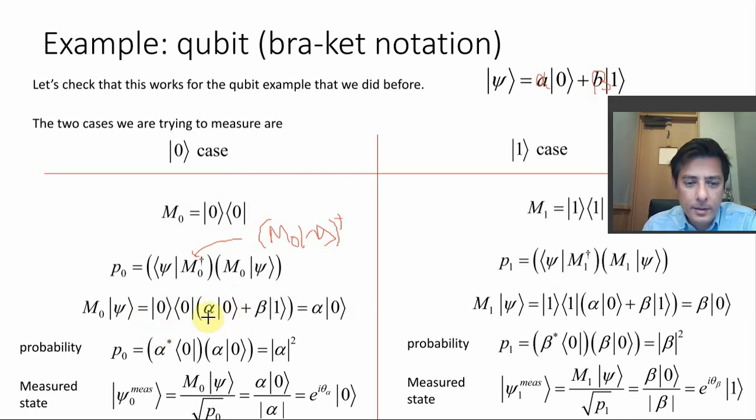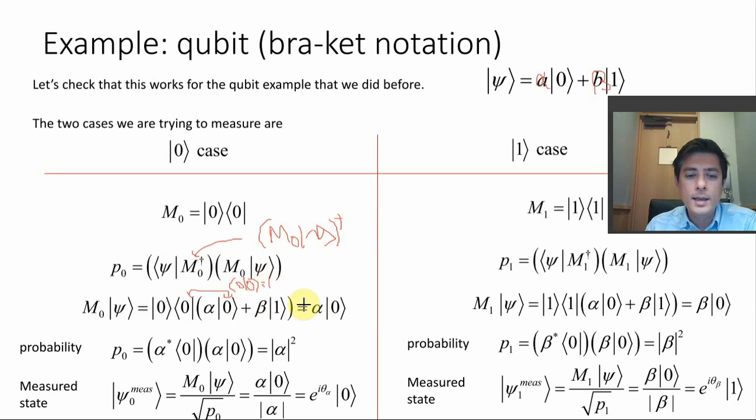And the way that you do this multiplication is that you multiply each of these terms one by one. When you multiply this and this, for example, you get this inner product of 0 and 0. Inner product of the same vector is always just equal to 1.